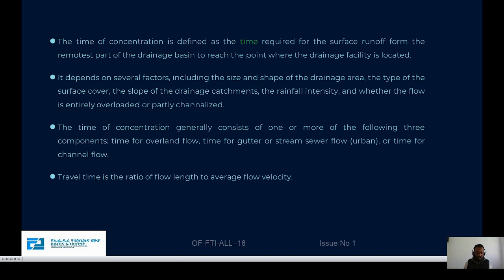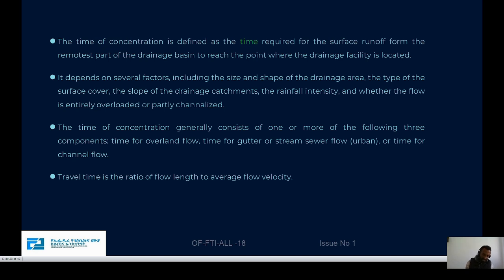It depends on several factors, including the sizes and shapes of the drainage area, the type of the surface covers, and the slope of the drainage catchments. The intensity is very important to design the time of concentration.